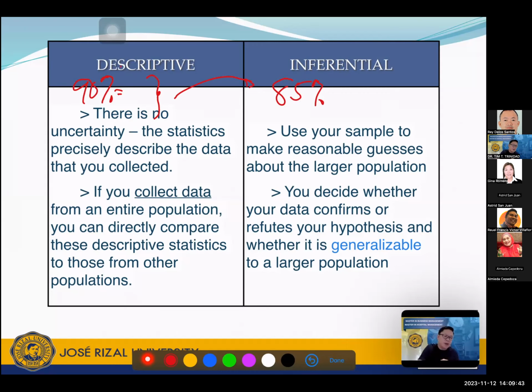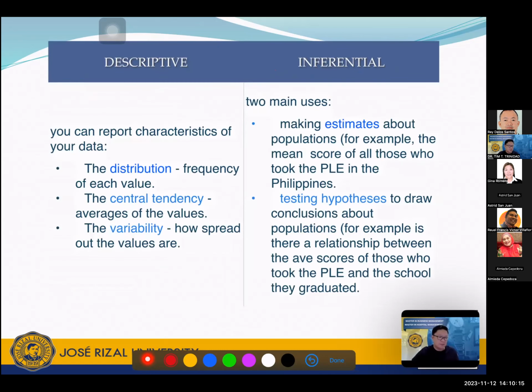When you just compare the value 90 and 85, alam natin na may difference siya, na mas mataas yung klase nyo because 90 yung average nyo, while the other class is 85. So this is just descriptive. So no questions about that. Kung ano yung present mo, yun na yung makikita mo, because there's no inference being made. But once you try to challenge if there is a difference between 90% and 85% in actuality or in the real world, then that's the time that you're going to do your inferential stuff.